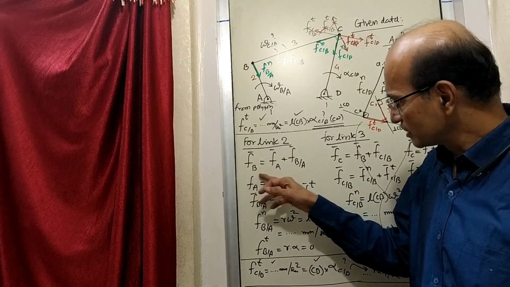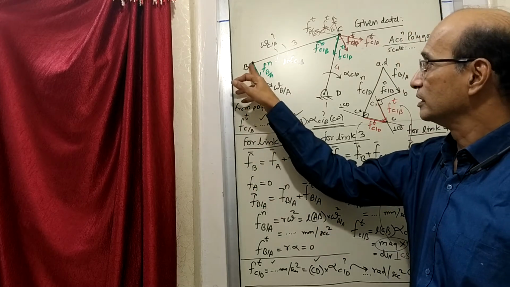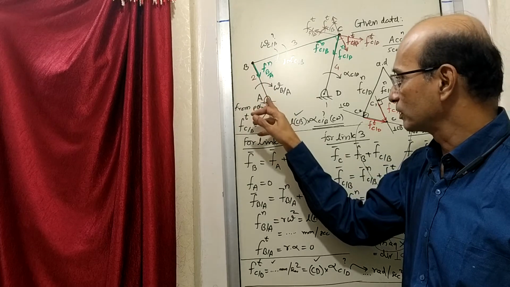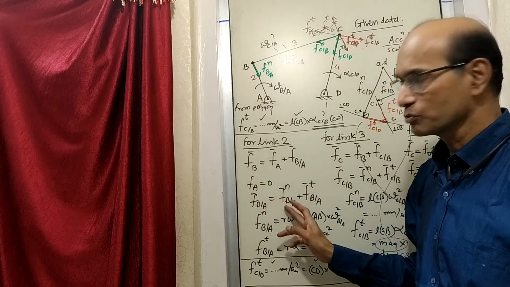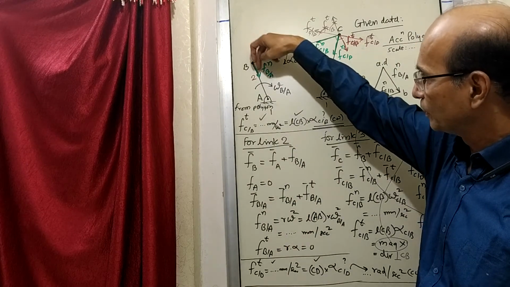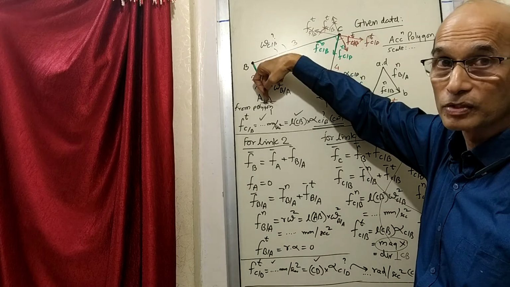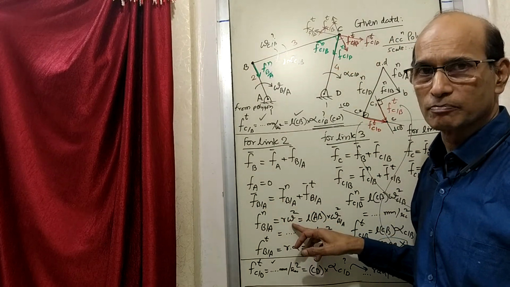So the basic is this: acceleration of any point on a link is equal to acceleration of a known point plus acceleration of any point with respect to the known point. So this equation. And then this has what? Two components. One is normal, which is from B to A, that means from any point to the center of rotation. That is the normal component. R omega square is its magnitude.